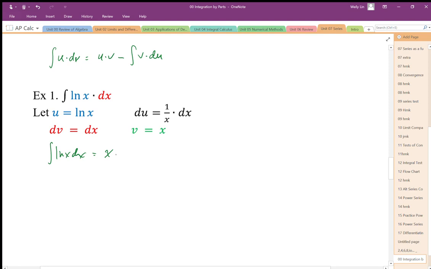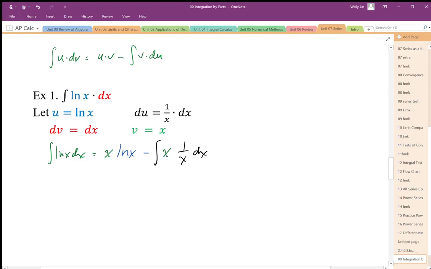This is where my log x comes from, it's the u part, minus the integral of v du. So my v part is there. I already worked out my v, integrated to x. My v part and my dx part is going to be all that part there, so it's going to be 1 over x dx. Now there's my new integral.